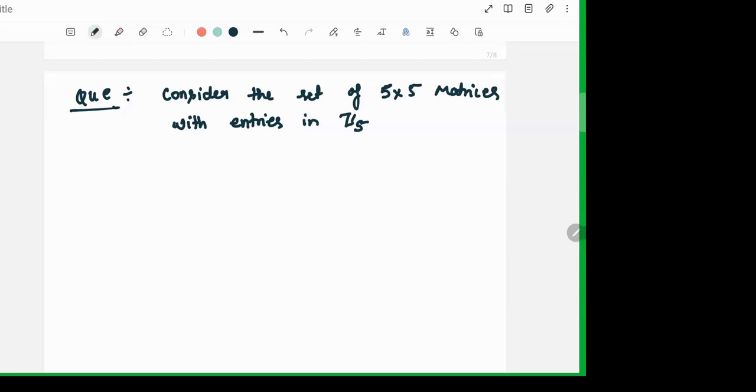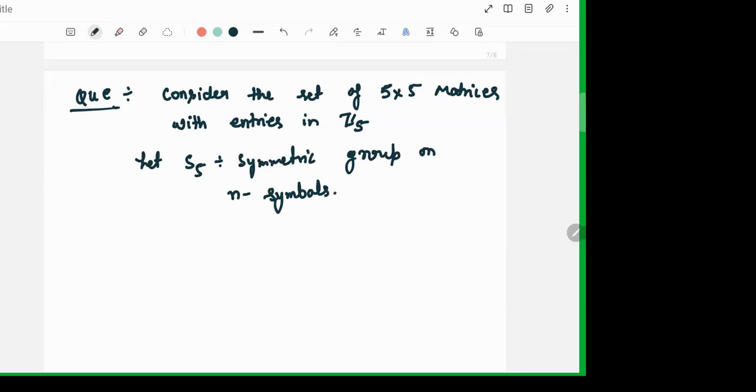Z5 I already explained to you. Let S5 be the symmetric group on n symbols, what I explained to you, on n symbols.